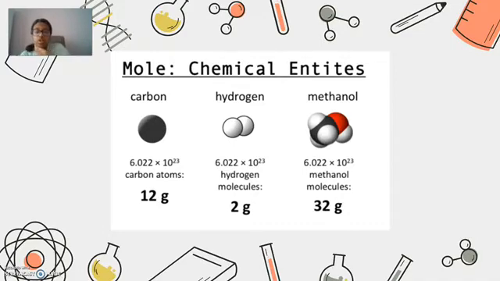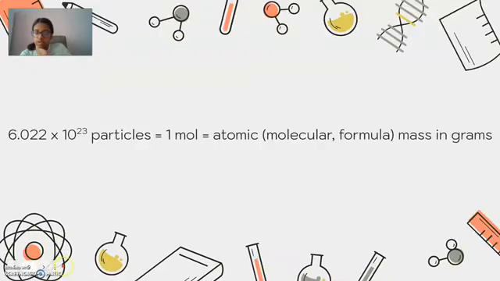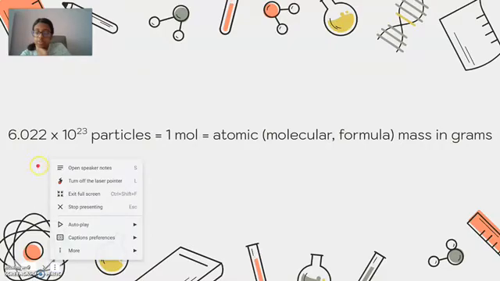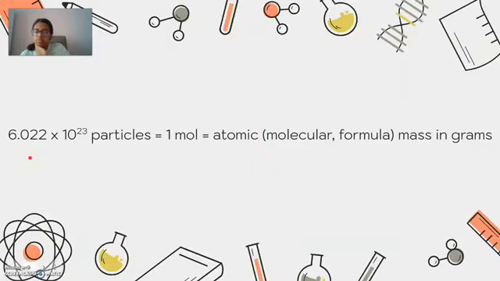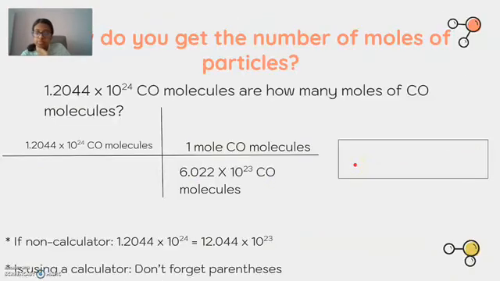There's going to be 1 mole of all of these substances, and each has a different molar mass. But all of them have the same number of molecules or atoms per mole. So 6.022 times 10 to the 23rd particles is 1 mole, and that is also equal to the atomic mass in grams, so the molar mass.